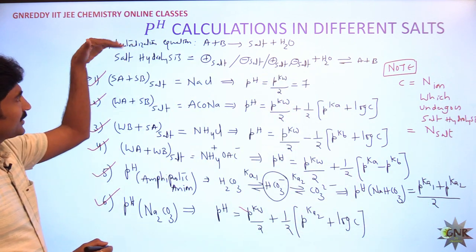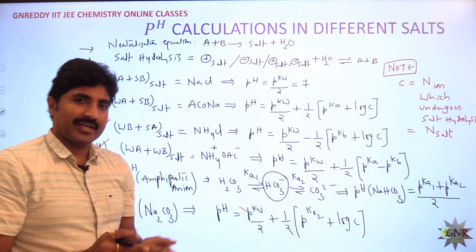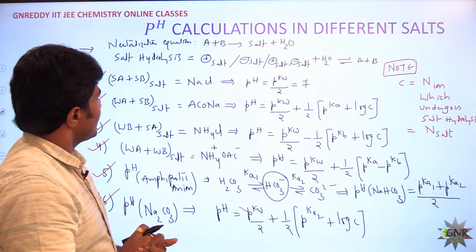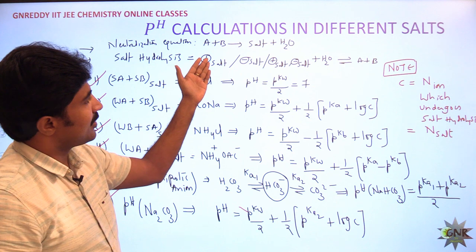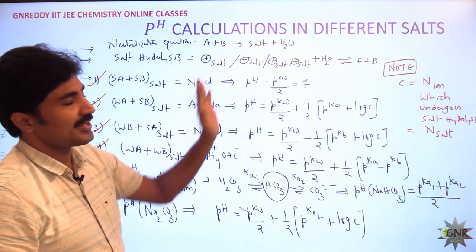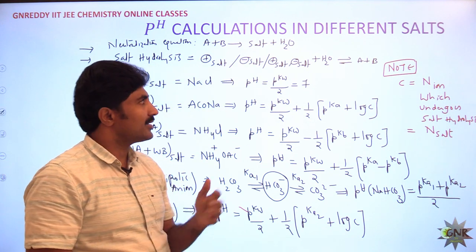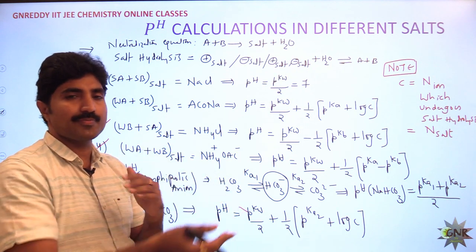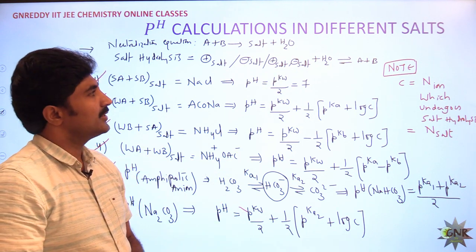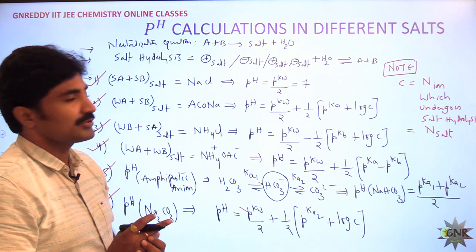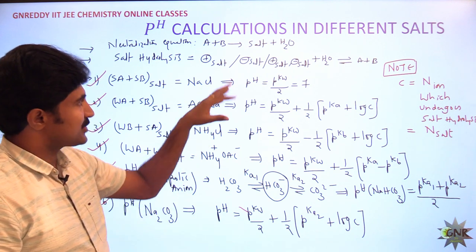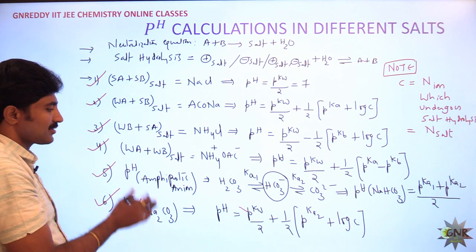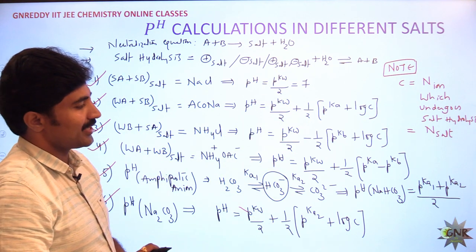So this is a neutralization reaction, and the reverse reaction of the neutralization is salt hydrolysis. In a salt, the cation and anion are there, therefore sometimes the cation of the salt or sometimes the anion of the salt, sometimes both ions, react with water and give back that acid and base, and it is exactly the reverse reaction of the neutralization. Various types of salt hydrolysis are there. As per our syllabus, we have to see these salts and the corresponding pH calculation.